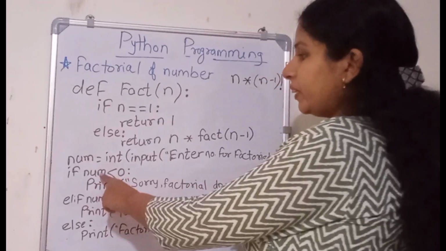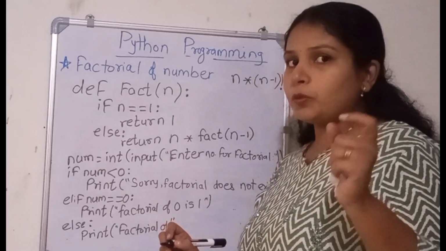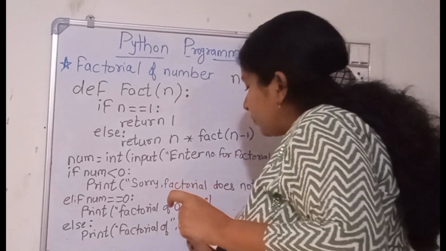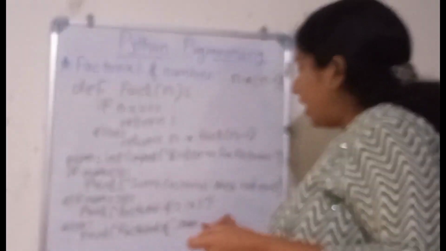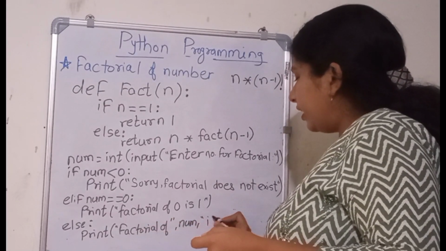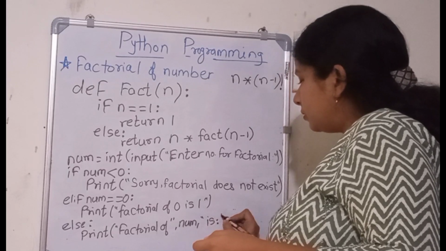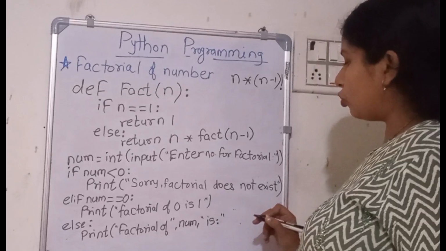You are displaying this num, you are displaying the value, so you don't need to put the value inside quotes, just put num, so the number will be automatically there. And then factorial of num is, here it should be displayed as it is, so it is in quotes.